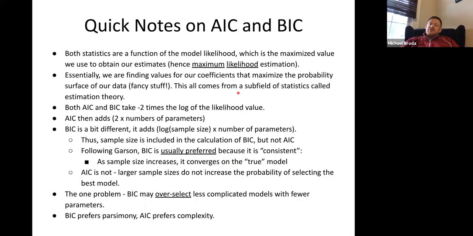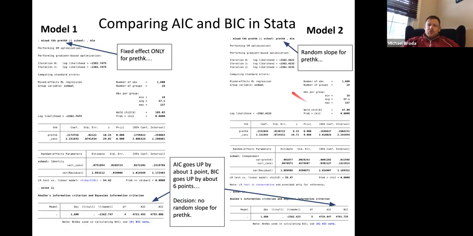And AIC actually leans a little bit in the other direction. It prefers complexity. So it would tend towards preferring something a little more complex over something a little more simple if it's on the border. So in general, we tend to say if you're getting conflicting advice, go with BIC. That is the safer route, but hopefully you get consistent advice from both.